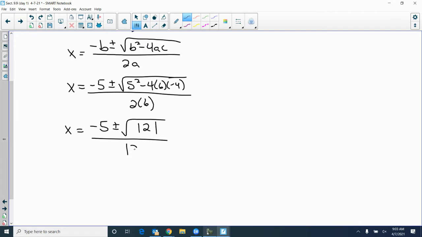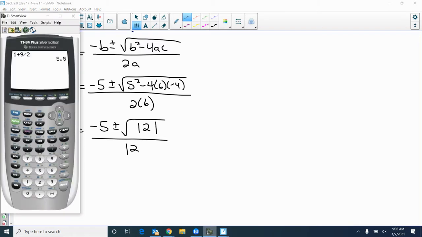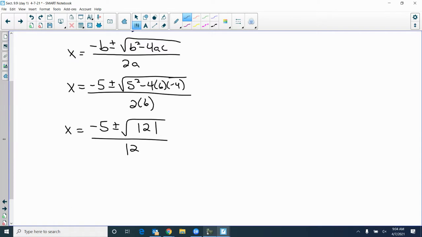Now, don't forget, the 12 goes on the bottom. So if he did 5 squared minus 4 times 6 times negative 4, 121. Now, check, is that going to be a nice square root? What's the square root of 121? Turns out to be a nice number. So at this point, that will now become x equals negative 5 plus or minus 11 over 12.